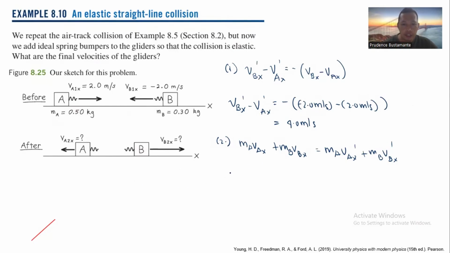So we have 0.50 kilograms times initial 2.0 meters per second plus 0.30 kilograms times negative 2.0 meters per second.